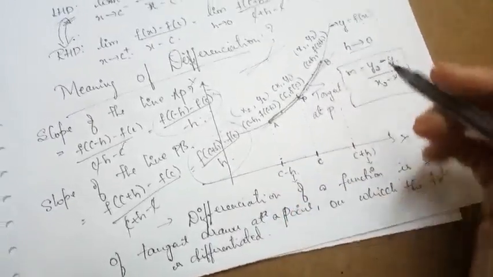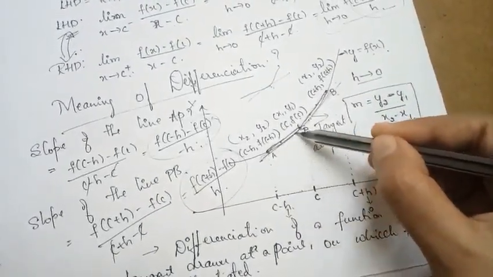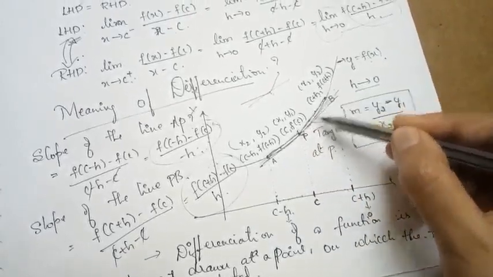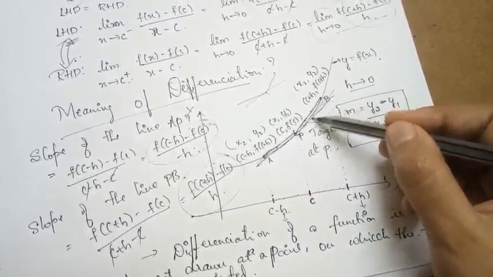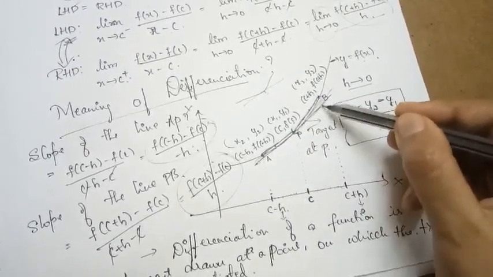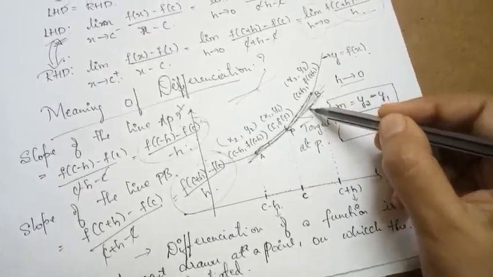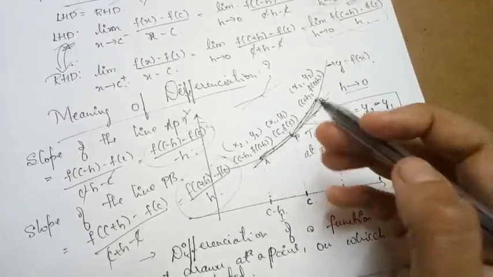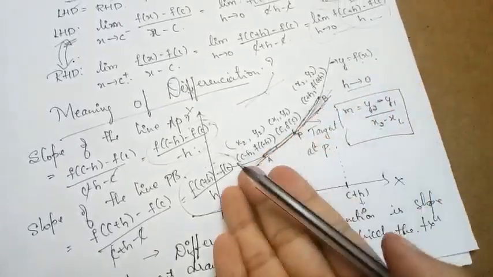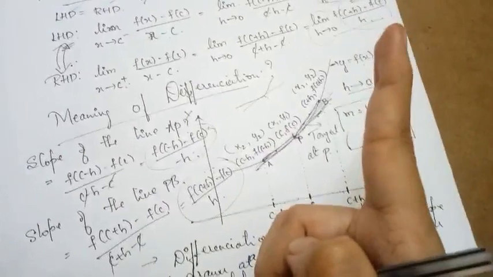So that means if this line forms a tangent at the point P, then the slope of this line is nothing but the differentiation of the curve at this point. If a line is forming a tangent, this line touches the curve at one point only.